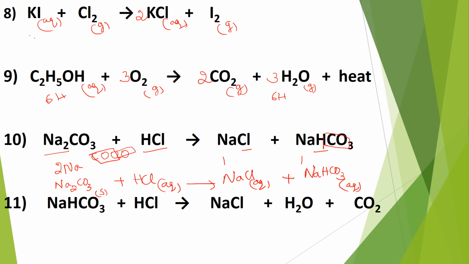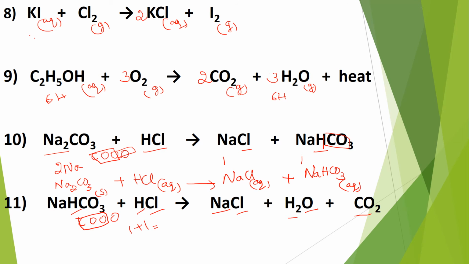Now next is sodium hydrogen carbonate combines with hydrochloric acid to form sodium chloride, water and carbon dioxide. Here you see carbonate, you can split that into carbon dioxide and oxygen. Na is here along with NaCl, and Cl is here, and H is 1 and 1 more.